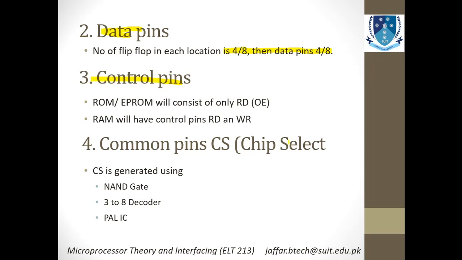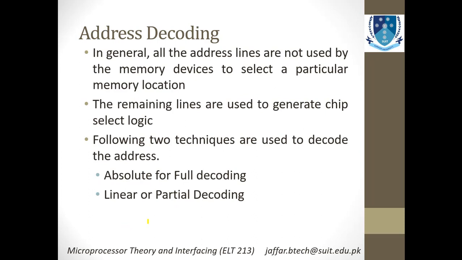This is CS, and this chip select is used to generate a signal, which can be generated using a NAND gate, a 3 to 8 decoder, or a PAL IC. This is the IC used to generate the CS, that is, which chip you want to select. So for chip selection you can use these three methods as per your requirement.